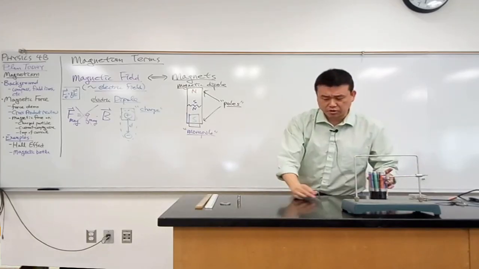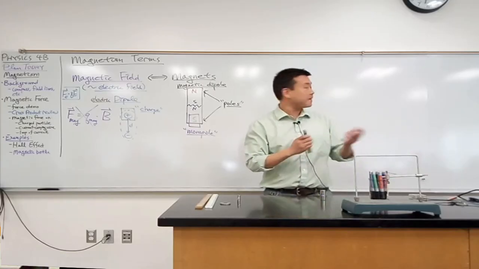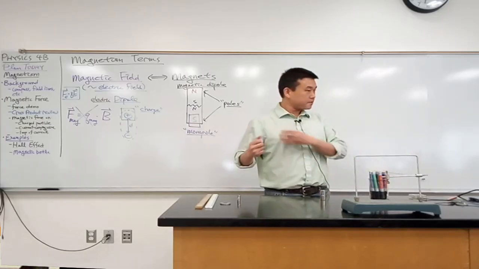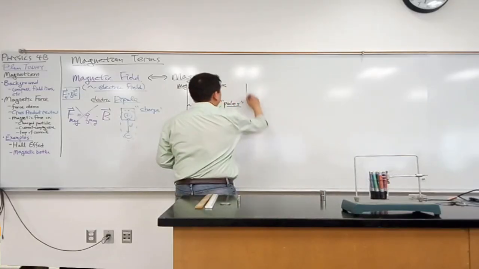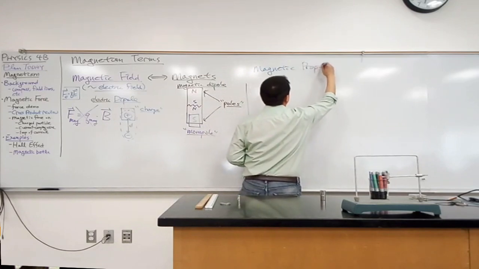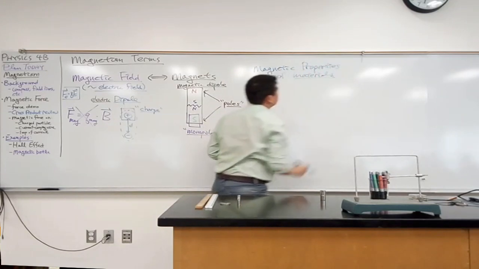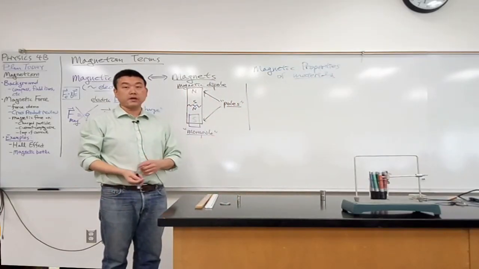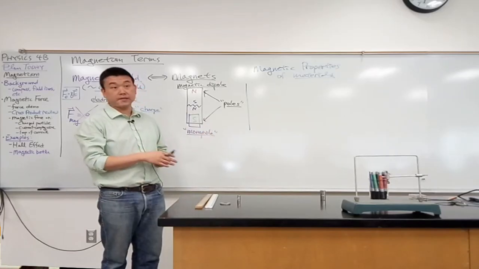I should mention these three words so that at least I can say that I have mentioned them. Once again, this is not something we are going to go deeply into, but when we talk about magnetic properties of materials, there are three words used to describe how a particular atom or molecule or material responds to magnetic field.